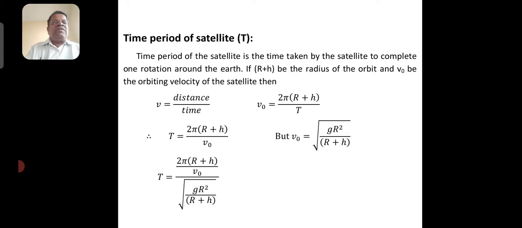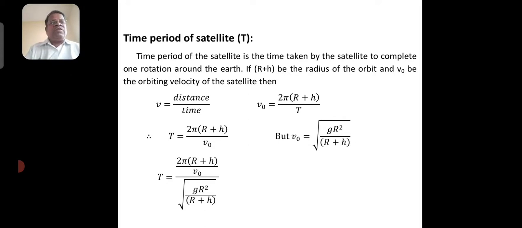If R plus h is the radius of the orbit and v naught is the orbiting velocity of the satellite, then observe here, velocity equals distance divided by time. Orbital velocity v naught equals, during one complete rotation, the satellite describes a distance 2 pi (R plus h).